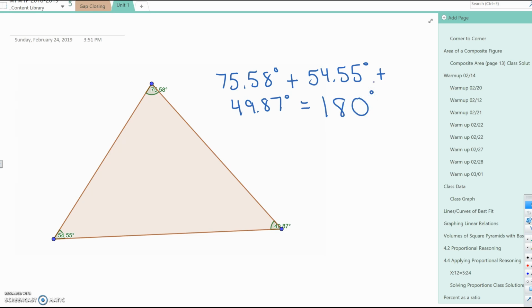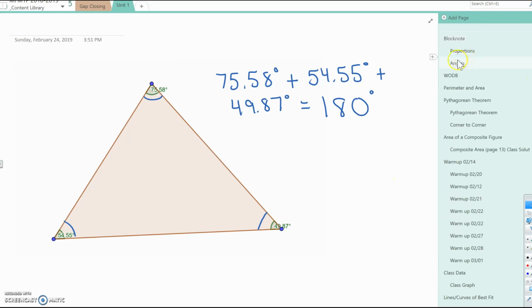Because it doesn't matter what kind of triangle you're in, if you add up all the inside angles, notice that these ones are the inside of the triangle. If you add up all three inside angles, it gives you 180 degrees. So what I want you to write on your actual block note is the following example. Go ahead and draw this triangle. Write down the angles.